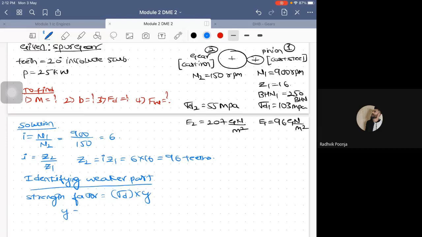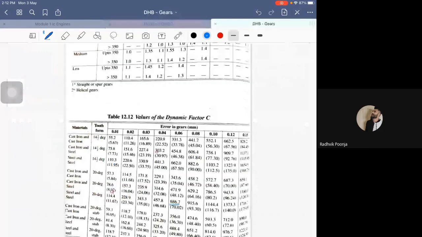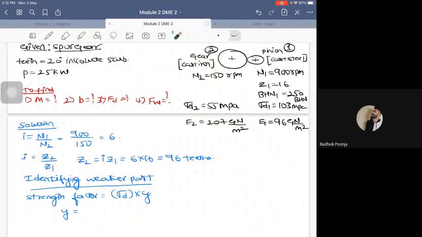Y is equal to, where is the expression for the y? 12.5D. Excellent, good look into the data. Just look at the teeth profile, what he has given, 20-degree involute stub. For this, get the right equation.